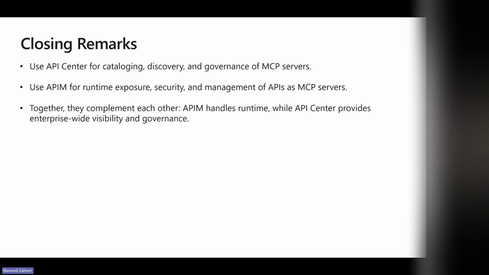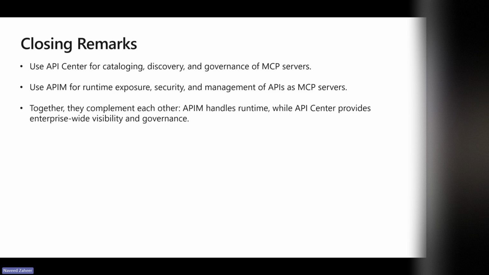On the other hand, API Center allows you to do cataloging and discovery of your MCP servers there. You can basically register MCP servers that are hosted in API management.